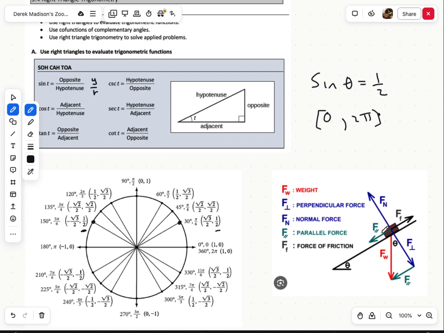If I were going to try to figure out what this length right here is, which is a really common thing to do in a physics application like this, is this thing the x or the y? That is really hard to tell. You have to define your coordinate axes to figure out what that is. But if I know that this is theta, I know that that's opposite, and I'm right there.